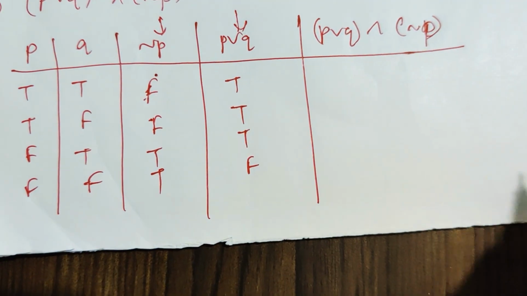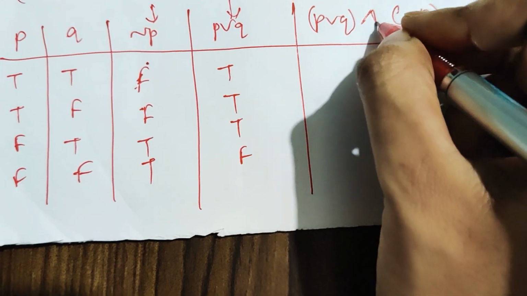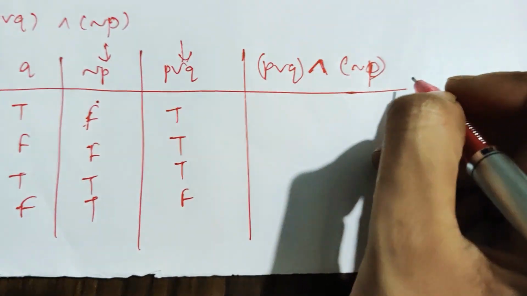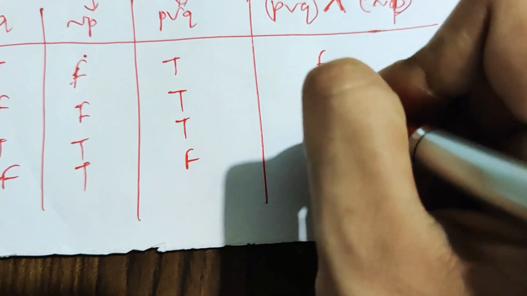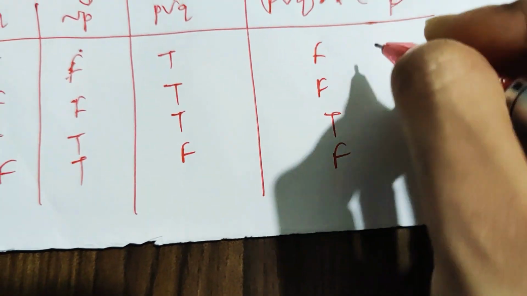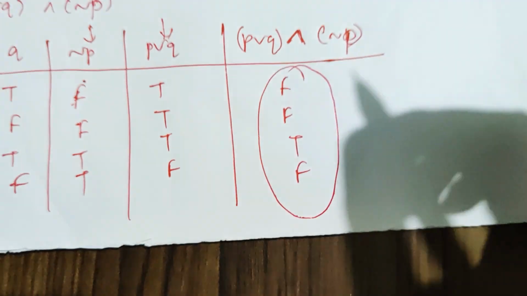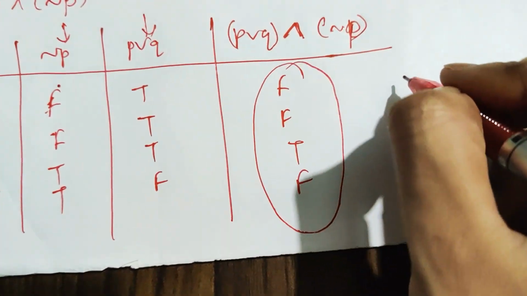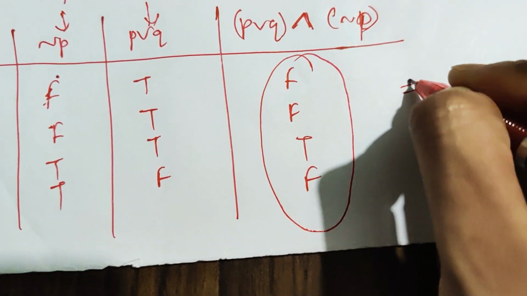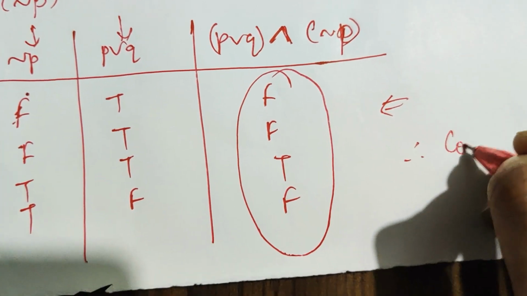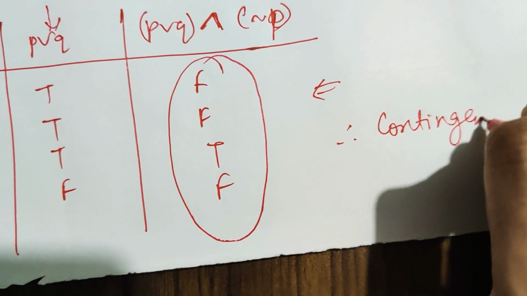Now we have to compare this and this column. It is AND, okay? So both the values should be true, otherwise we will write false. So here false, false, true, false. So see, this is a mixture of false and true values, therefore this is contingency.